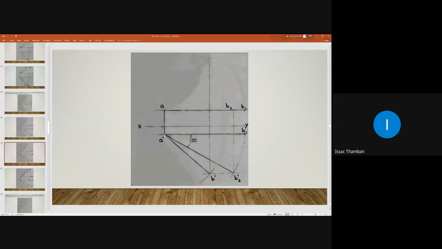That is the elevation length. Take the elevation length in your compass and with A dash as center, intersect on the locus plane. This radius is 75 mm, which is the elevation length. So that you will get B dash. Connect A dash, B dash, which is the elevation of line AB when it is inclined to both reference planes.